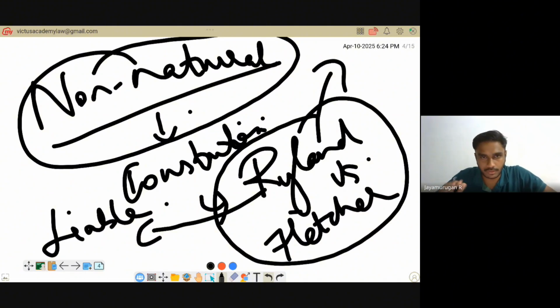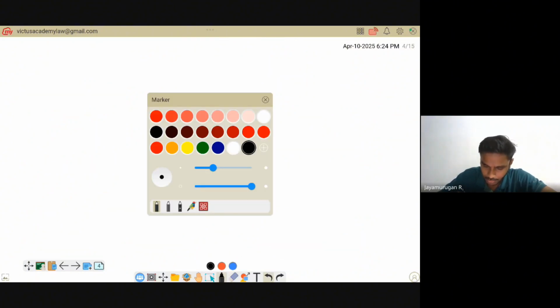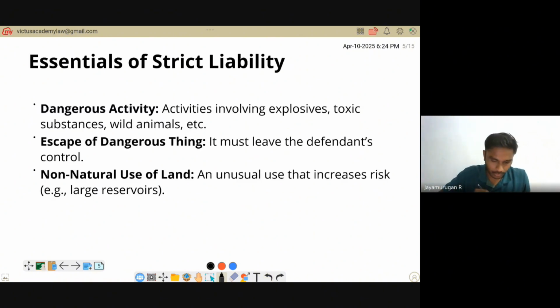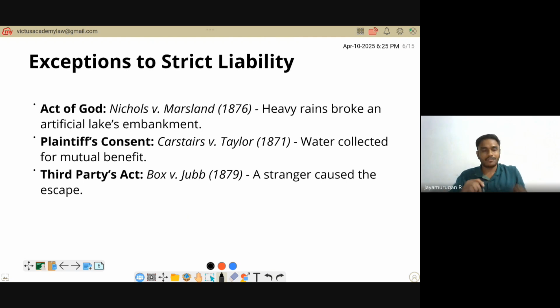Okay, so this is what strict liability basically is. I hope it's clear. Now, there are certain exceptions to strict liability, which means there are certain defenses that the tortfeasor can come up with to not be held liable. Okay, so what are those defenses? Let's see. First one is the act of God.